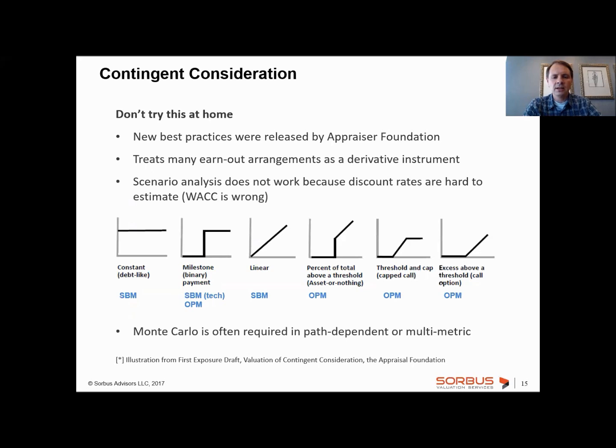Now, while this approach would be very intuitive, the assumptions that you have to apply here are extremely hard to come by. So both probability and the discount rate are absolutely very difficult to support if you're guessing them. So the probabilities, imagine developing a probability for your stock option to be in the money. That's essentially what you're trying to do.